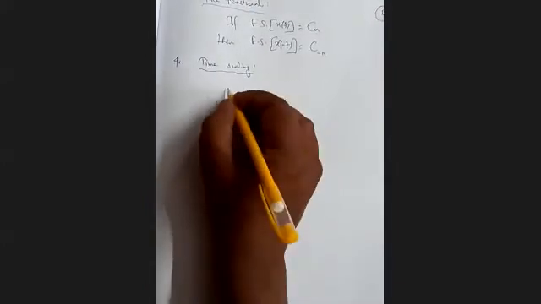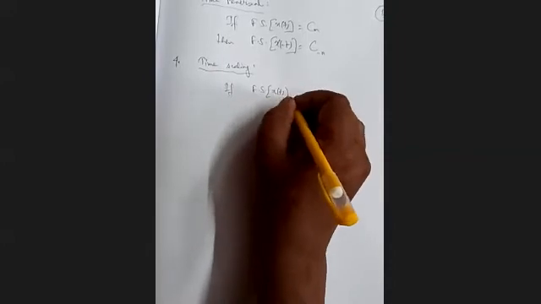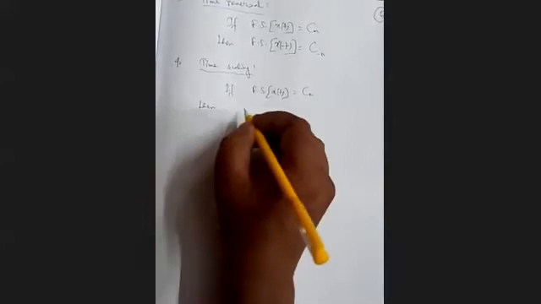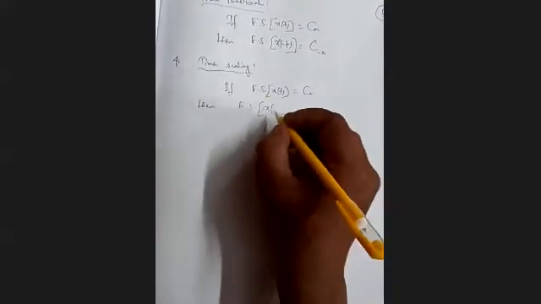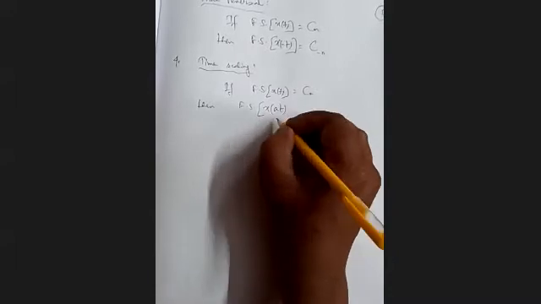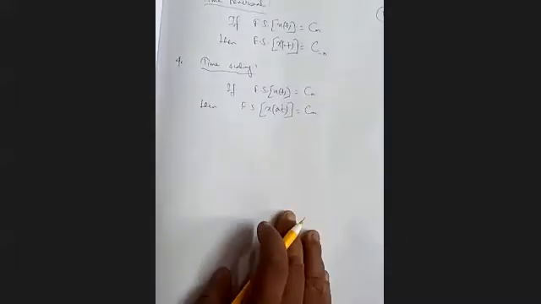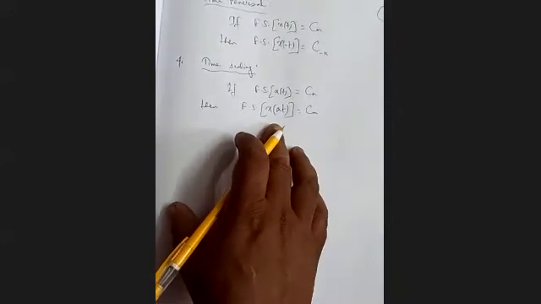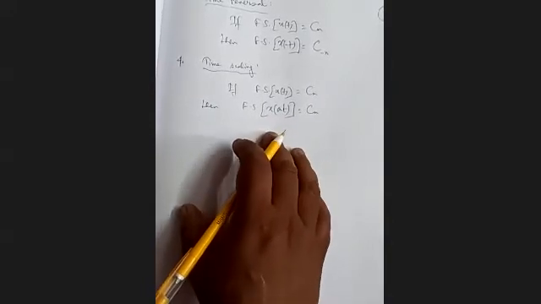Now, if Fourier series of x(t) is Cn, then Fourier series of x(at), where a is a time scaling factor, is also Cn. Now, if a is greater than 1, the signal is compressed in time. If a is less than 1, the signal is dilated in time.